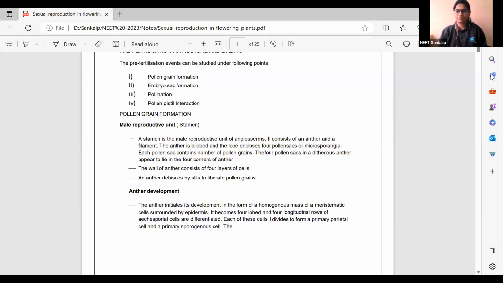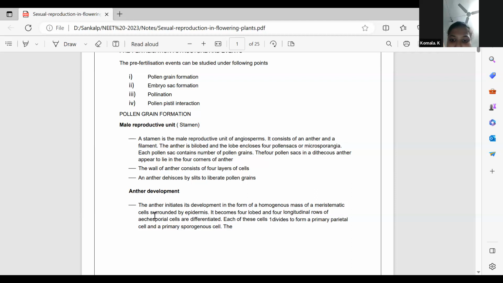Yeah, continue. Anther development. The anther initiates in the form of a homogeneous mass of meristematic cells surrounded by epidermis.